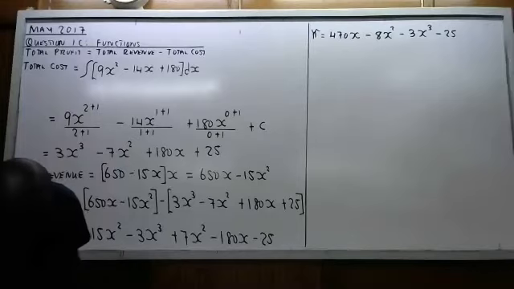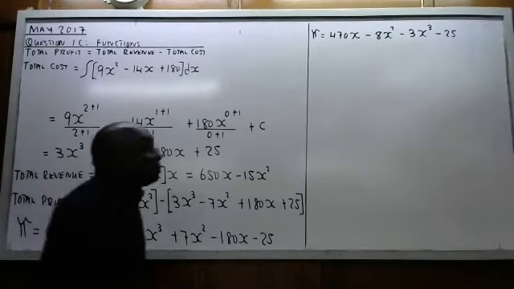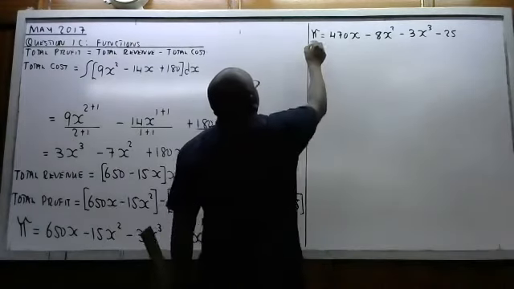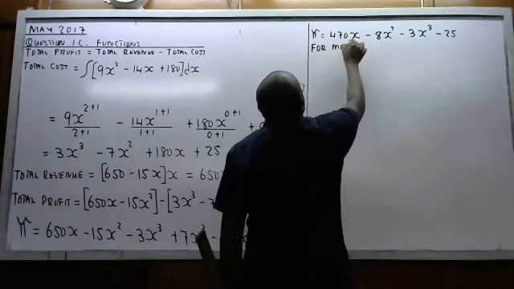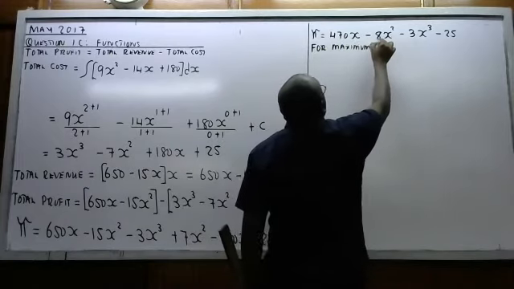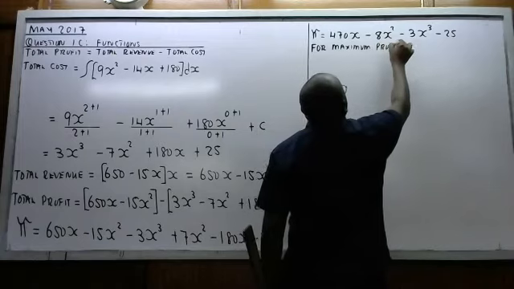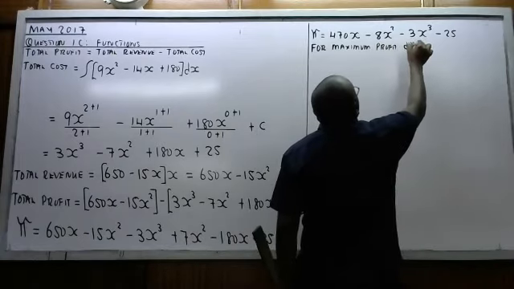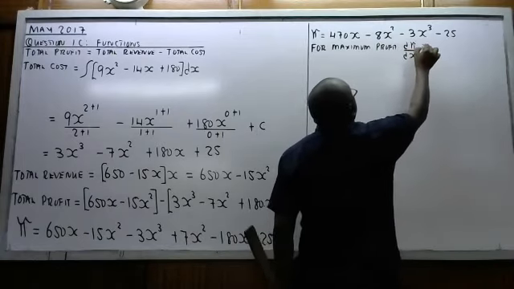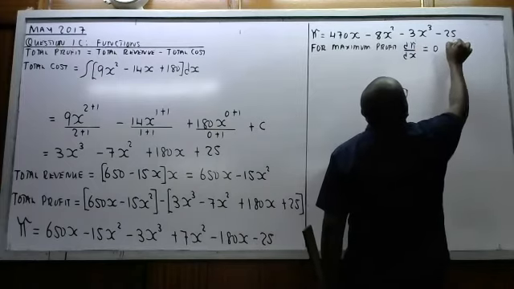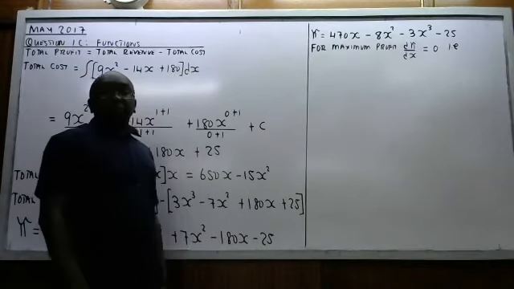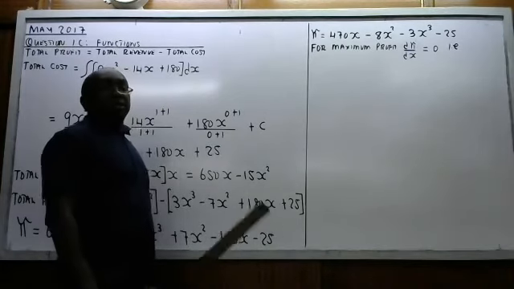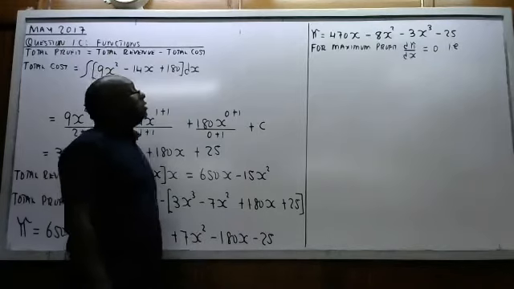The question says find the output that will maximize profits. So you then proceed and say that for maximum profit, the differential of pi with respect to x should be 0.